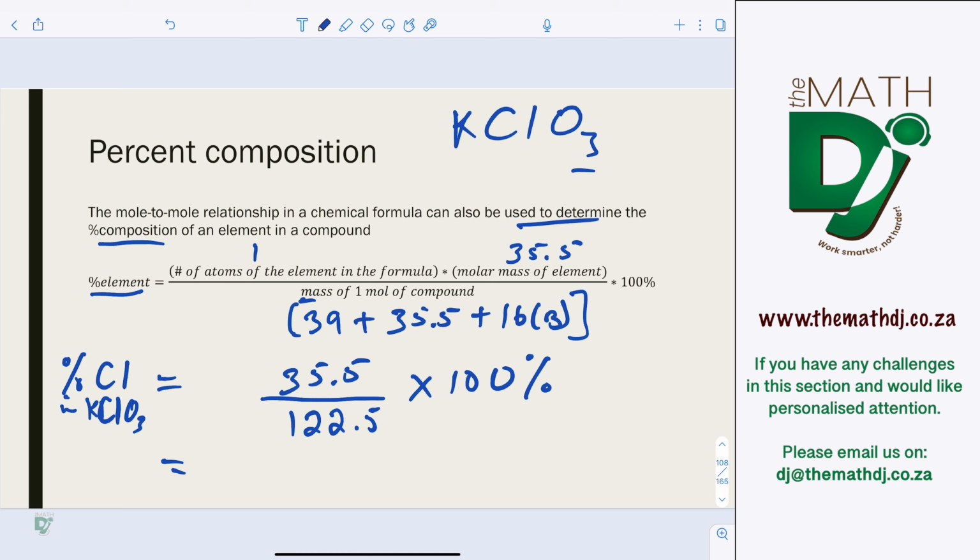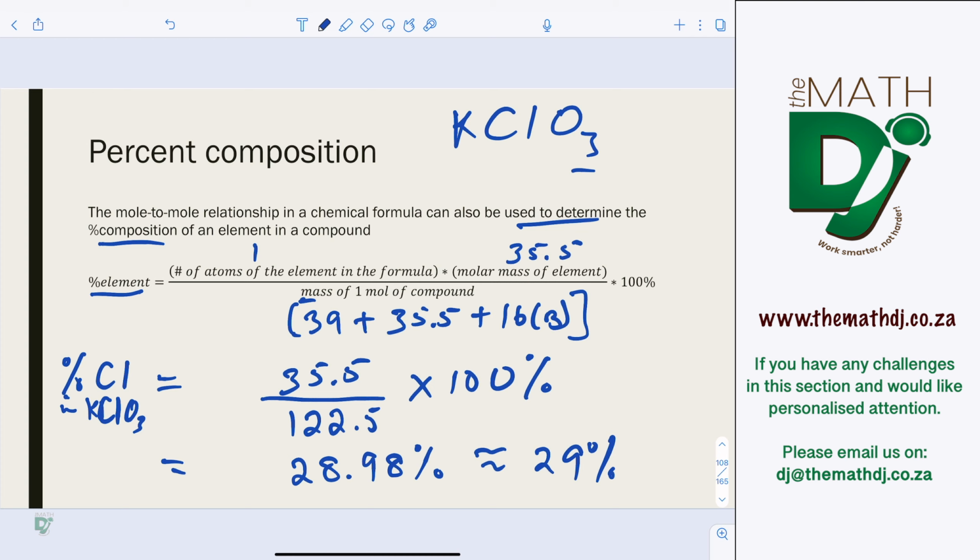Okay, 35.5 divided by 122.5 times 100. It means there's 28.98%, which is approximately 29%.